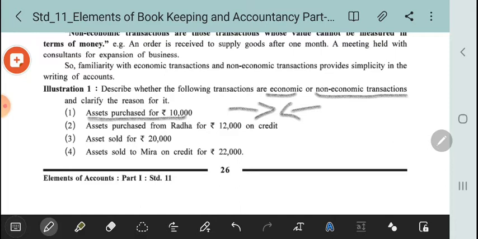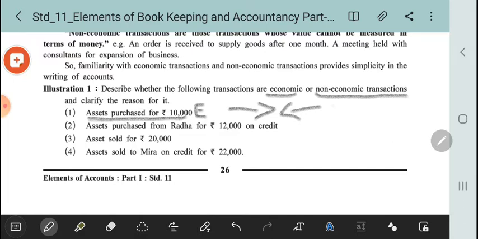So the transaction is happening. We see the exchange of goods and exchange of money, so it is an economic transaction. Second: asset purchased from Radha for 12,000 on credit.